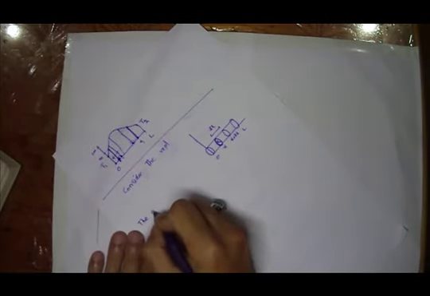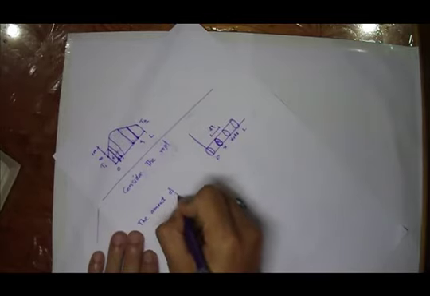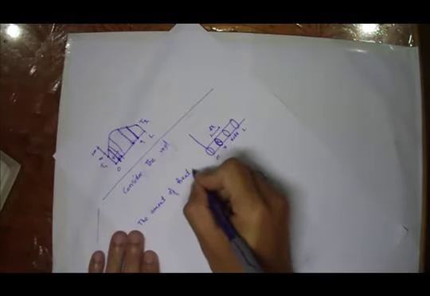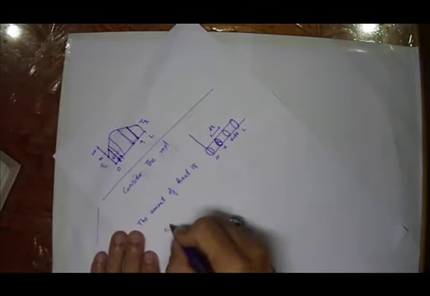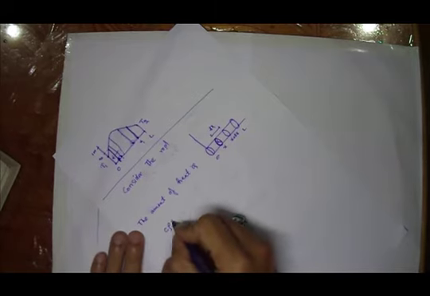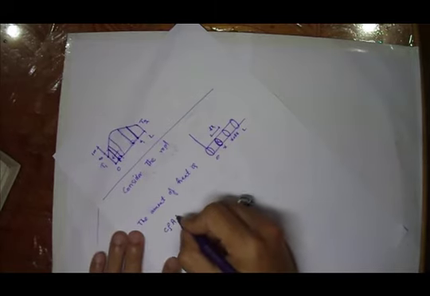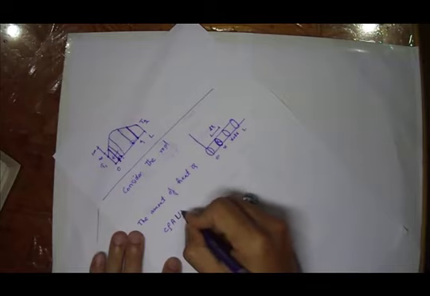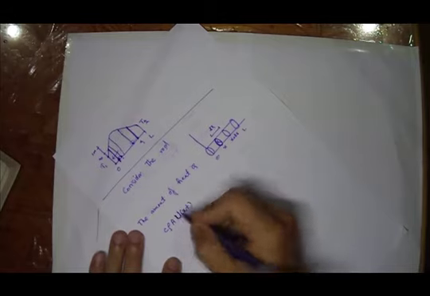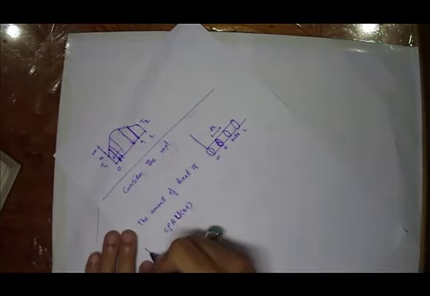The amount of heat is C rho A into temperature at the point x and t. This is the amount of heat at point x.